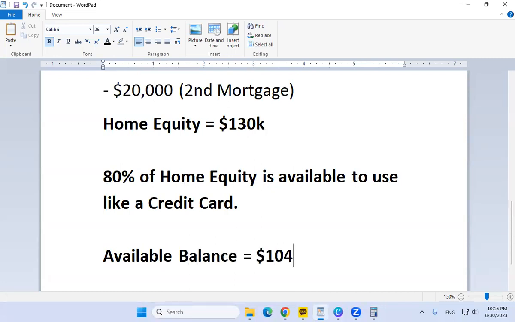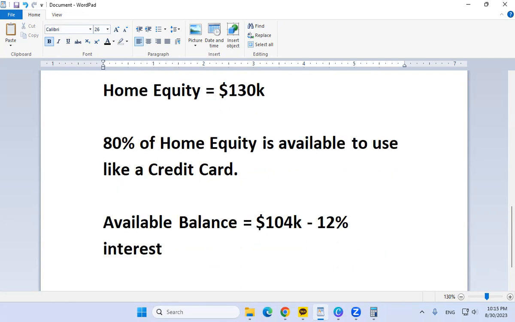And again, this is just a hypothetical example. It's not always 80%. They might do less. They might do like 50, 60, just depending on your application and how the process goes. But what happens is they say, okay, you can actually borrow $104,000 at like maybe a 12% interest rate, right? And they might give like 0% introductory interest rates for like the first 6 to 12 months.